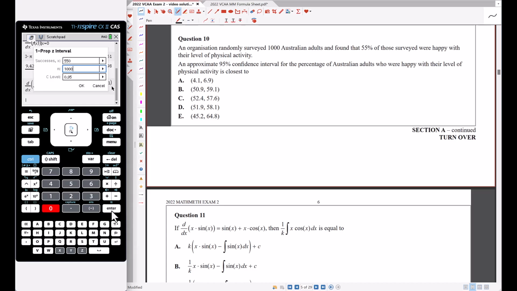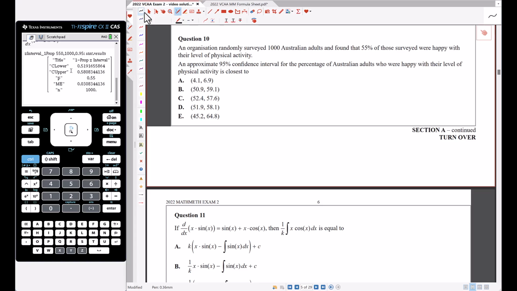and we want a 95% confidence interval, so we'll leave that confidence level at 0.95, and our confidence interval is this C lower and C upper values that we're seeing on the CAS there. Correct to 1 decimal place seems to be all my options. For the percentage, good.